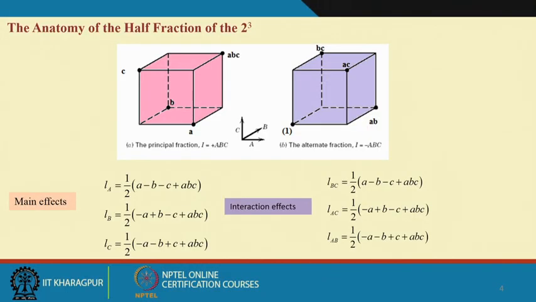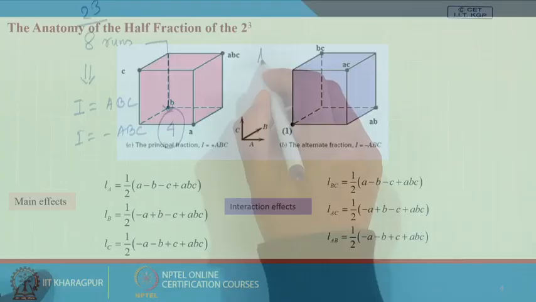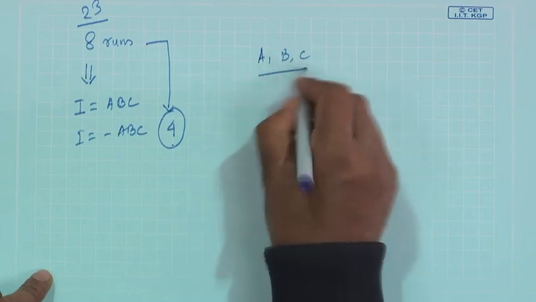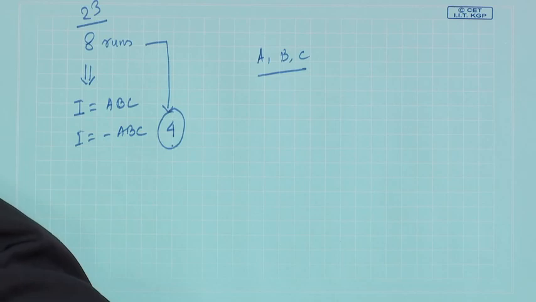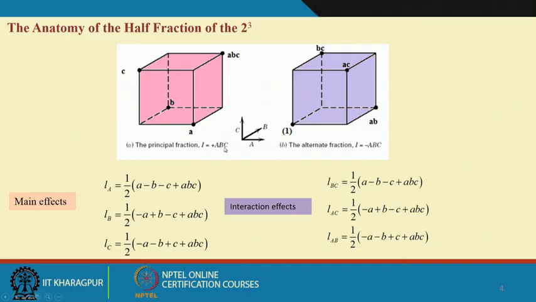So, the 2 to the power 3 design with factors A, B, C, let us see the geometric view. For the first half, I equal to plus ABC, you are conducting experiments at this factorial point, this point, this point and this point. So you will be using these 4 factorial points.